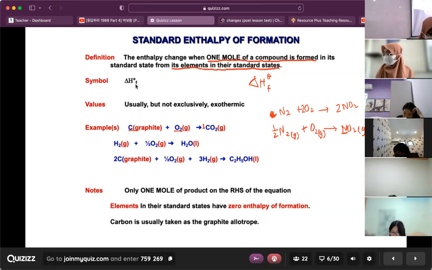And here at the top, the reaction 1 and reaction 2. Reaction 1, can we call it standard enthalpy change of formation? Can we call the first reaction the standard enthalpy change of formation of nitrogen dioxide? Can we?